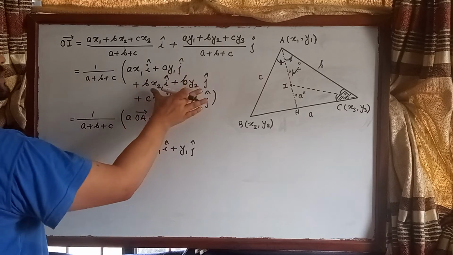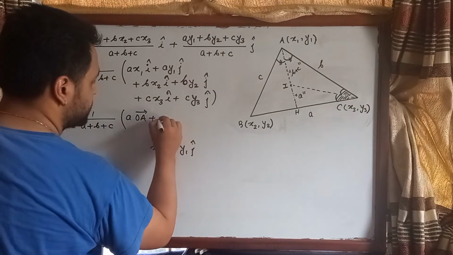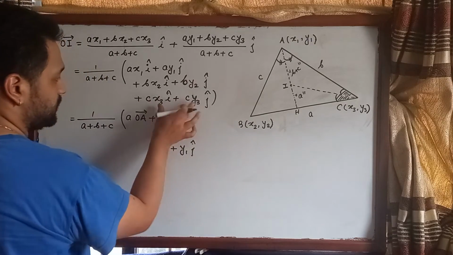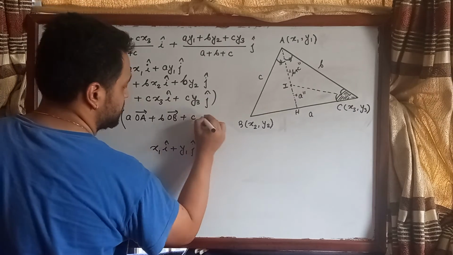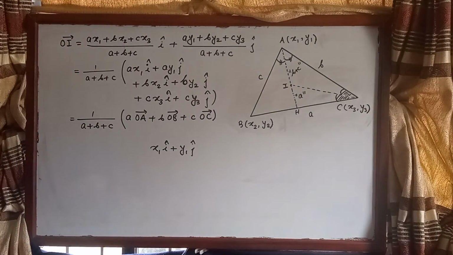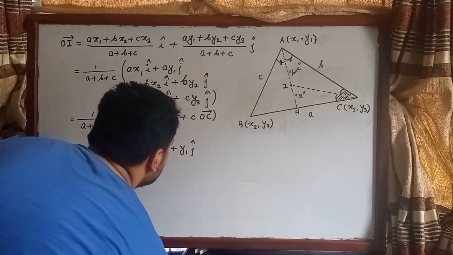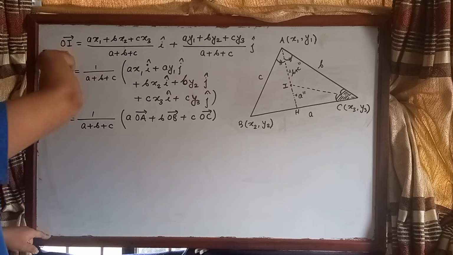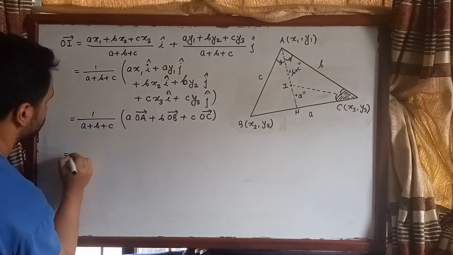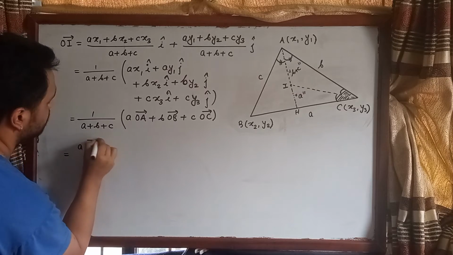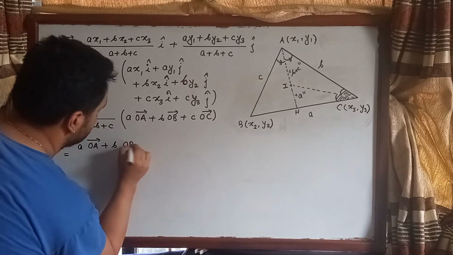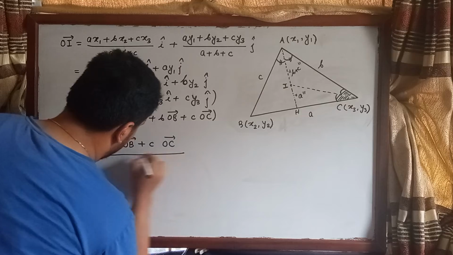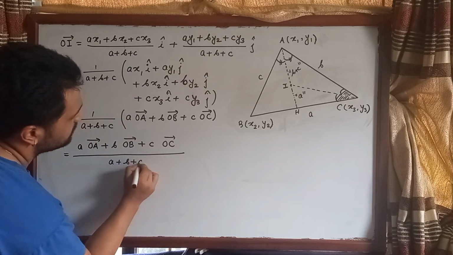Similarly, this is B times x2 y2 means B, so B times OB vector plus C times x3 y3 means C, so this is C times OC vector. Okay, C times OC vector. So it's basically the position vector of the incenter of this triangle is equal to A OA vector plus B OB vector plus C OC vector all over A plus B plus C.